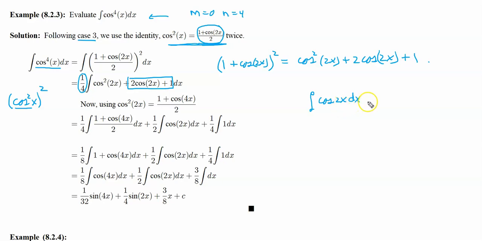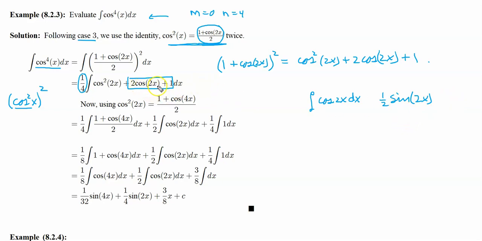Or you could realize that the antiderivative of this is going to be the sine of 2x. But if I were to differentiate this, I would pick up an extra 2 when I apply the chain rule. The derivative of this is going to be cosine 2x times 2. So we have to multiply this by 1/2. So there's the antiderivative of cosine 2x, ignoring the constant.